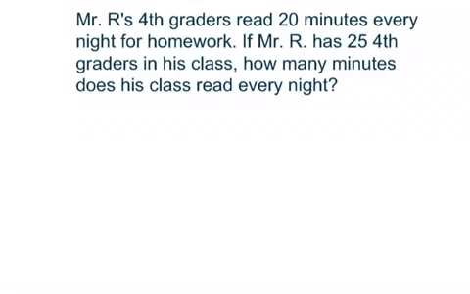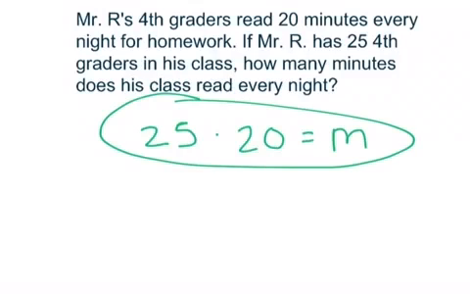There's 25 groups of that, so we're going to be doing 25 times 20 to solve this question. So once again, just write it as an equation. So I would do 25 times 20 will give me minutes. This is the key thing I need to see from them. And then, of course, I need them to solve it.